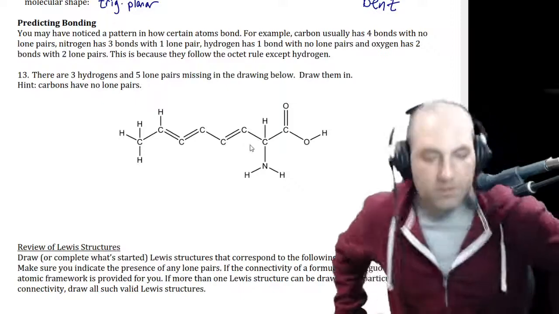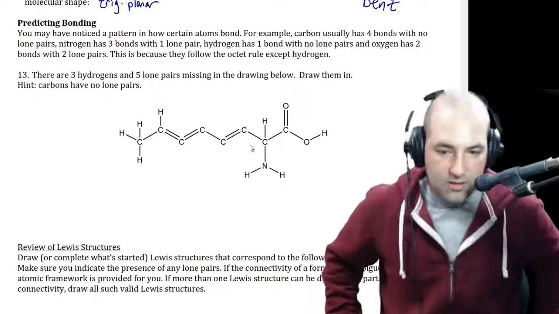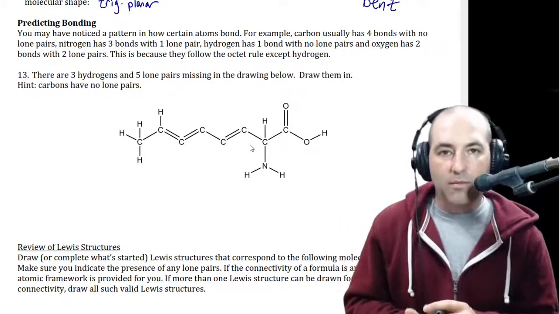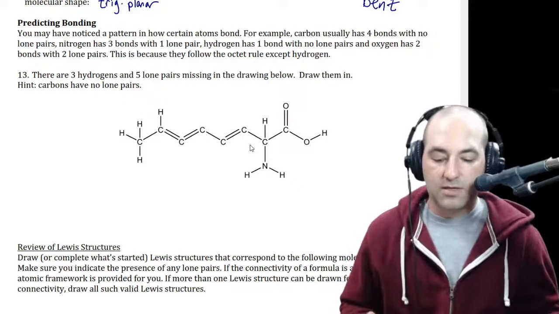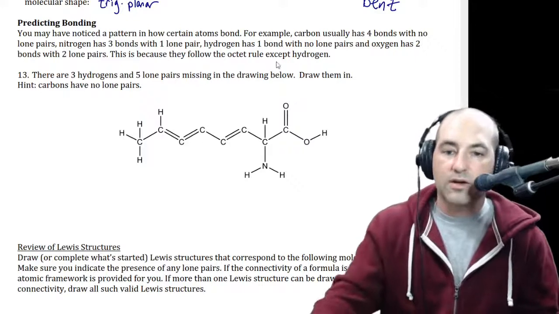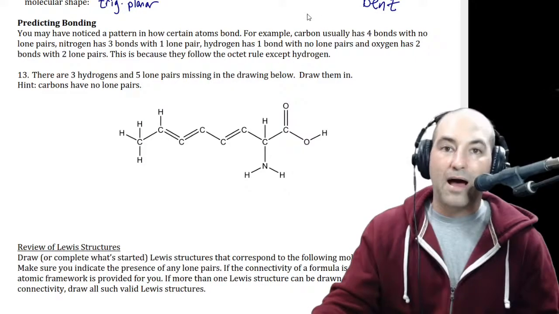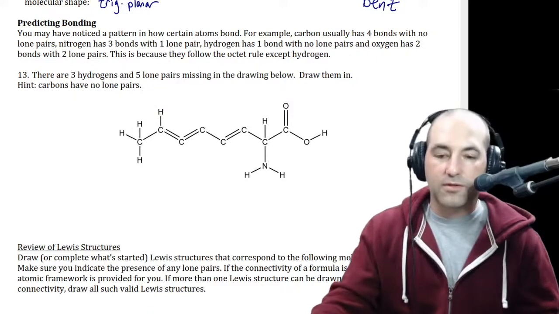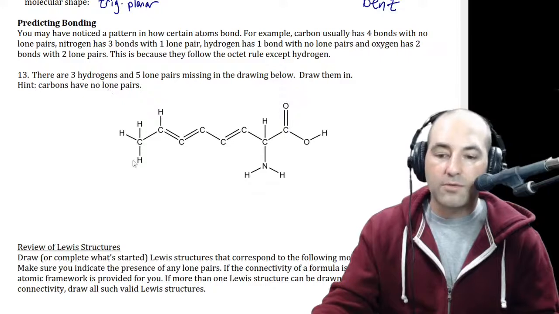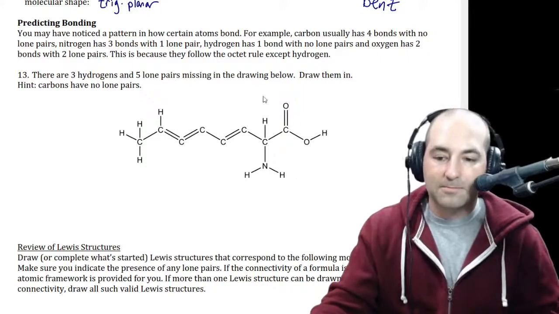One thing we're going to be looking at fairly soon in this class, rather than focus on these small molecules for a long time, is we're going to build up into bigger ones, because this is chemistry for the health sciences, so we want to deal with organic compounds and biochemical compounds, things that deal with the body, and those tend to be bigger molecules. So what happens when you deal with a structure like this?